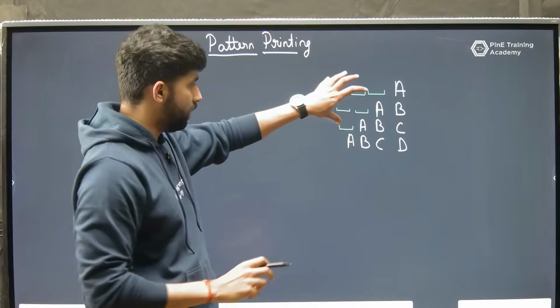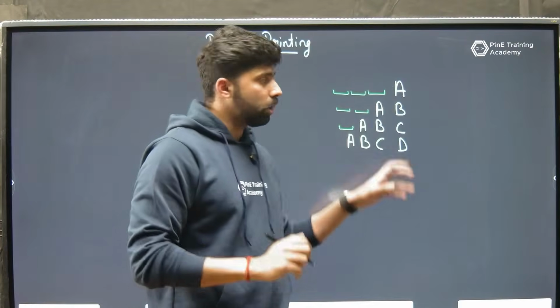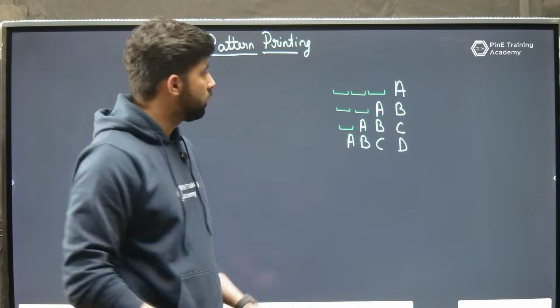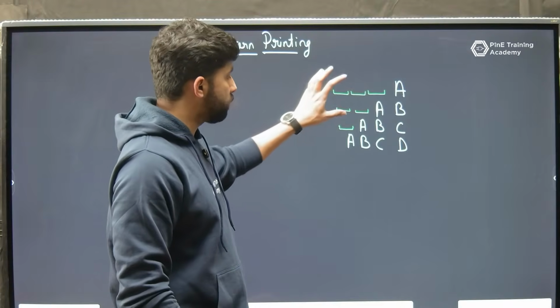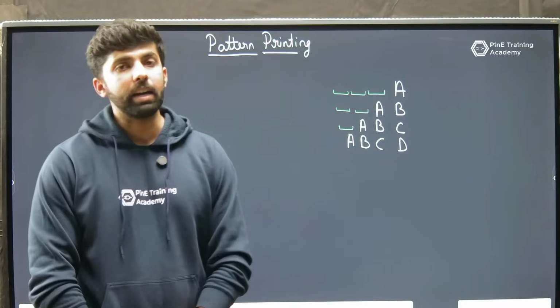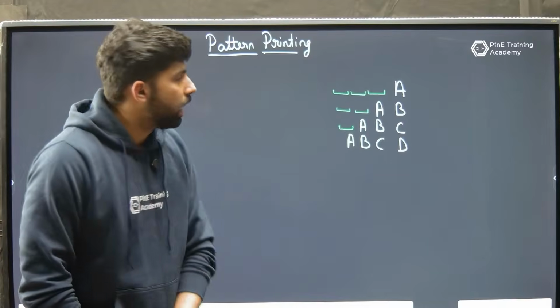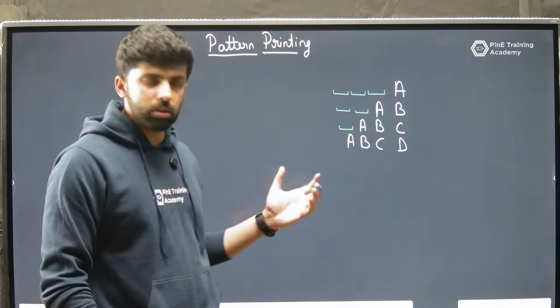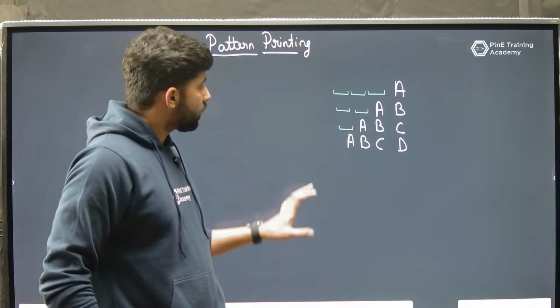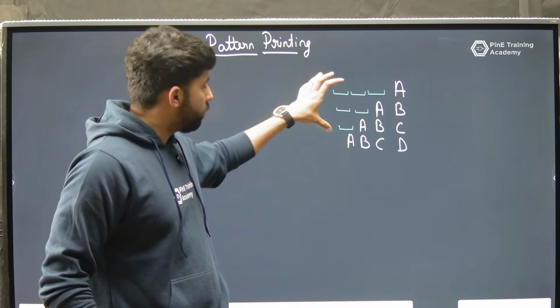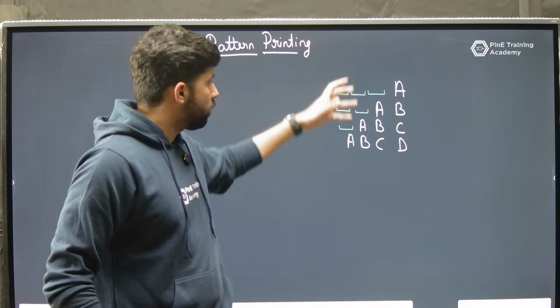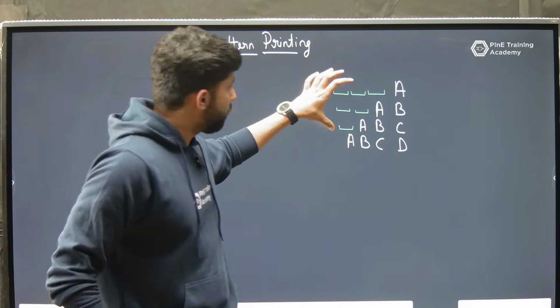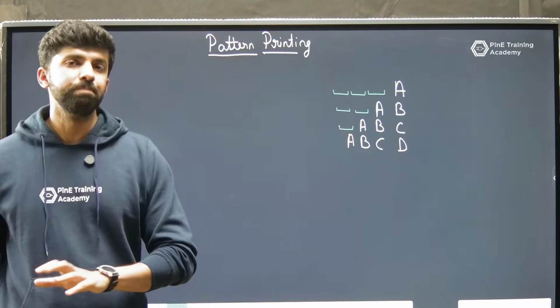So this pattern has two things to print. First one is the space and the actual pattern. Initial step will be same, figuring out the number of rows, number of columns, but we need to be careful to write the part of space as well.